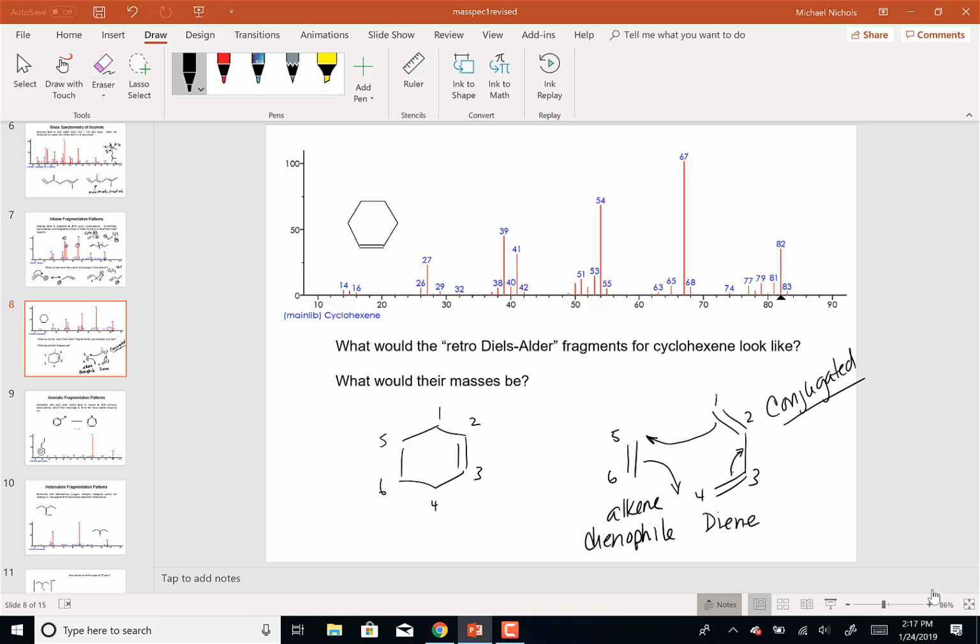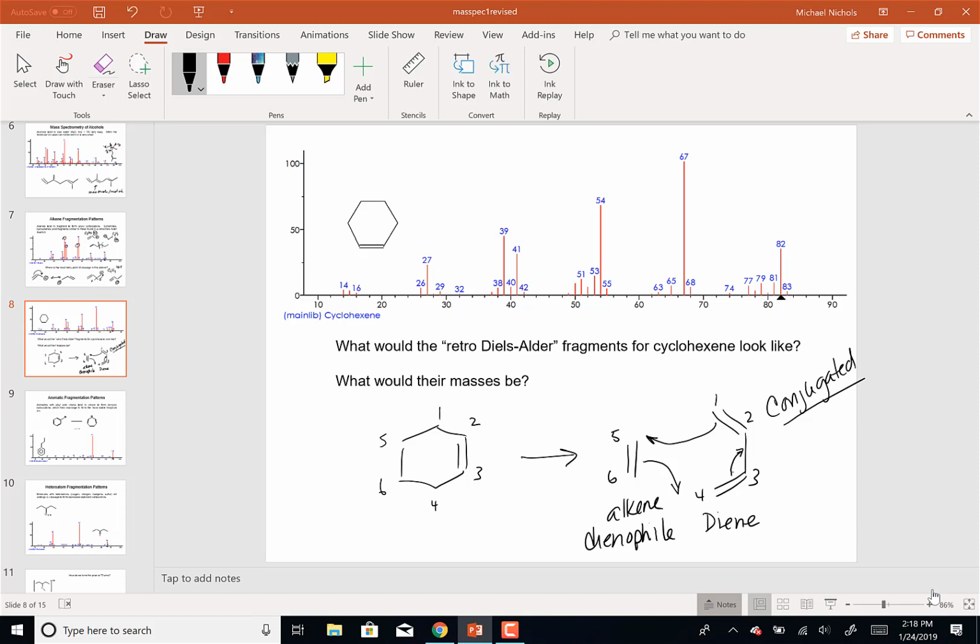When you have this cyclohexene molecule, and you're going to split it up into its 2 fragments, it's going to be these 2 fragments. So again, one will probably be a radical cation for each of these. So when we look at that, what does the diene part weigh? What does the double bond weigh?